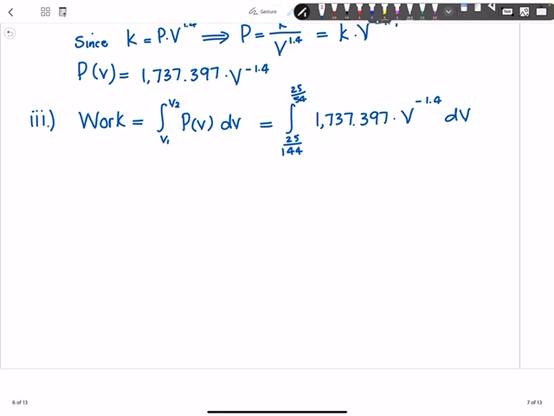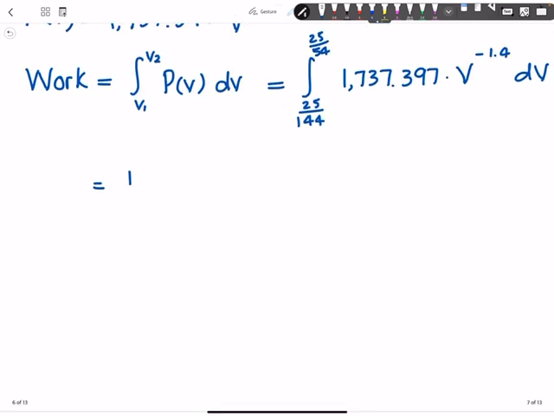All right, so let's go ahead and integrate. When I integrate, constants hold over. So this will be 1,737.397, and we're integrating V raised to the power negative 1.4.